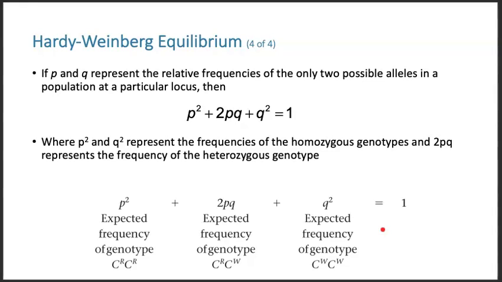And q squared is defined as the expected frequency of the homozygous recessive. Again, I'm totally acknowledging that this is not recessive, but it was useful in our example to be able to see the heterozygotes. So that's why we did the incomplete dominance. Again, just one more time, p squared is the frequency of the homozygous dominant, 2pq is the expected frequency of the heterozygous, and q squared is the expected frequency of the homozygous recessive.